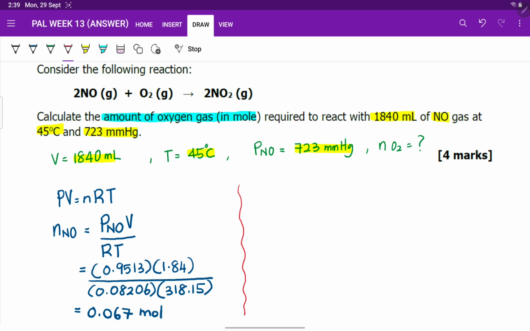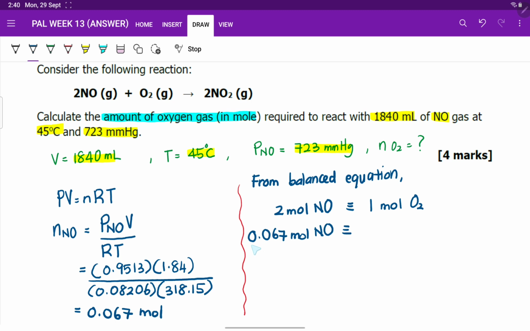Because what we want here is the number of mole of oxygen gas. So now let's do our stoichiometry. Based on the balanced equation, 2 mole of NO will react with 1 mole of O2.